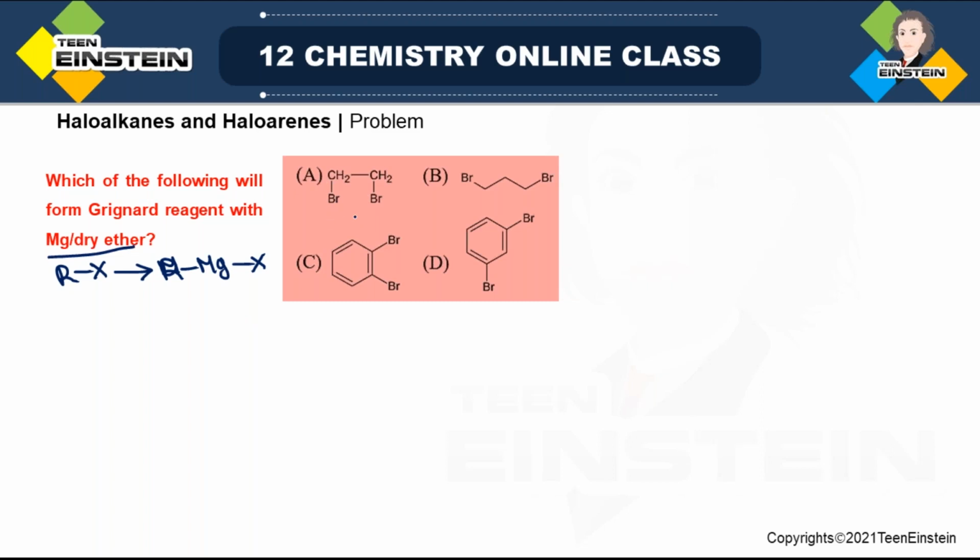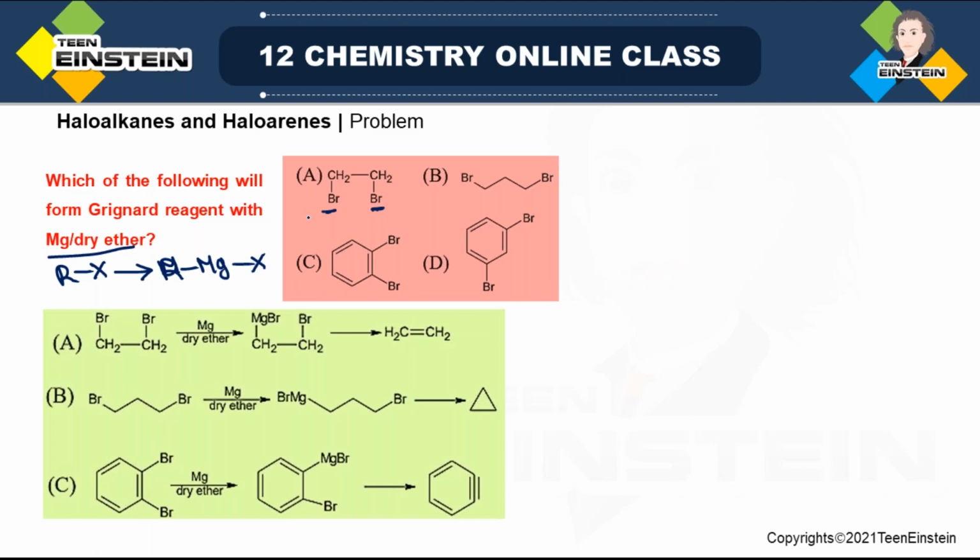So you may think that in both cases there will be formation of C-MgBr 2 times. But actually, if the reaction is occurring 2 times, you have to give some time. Suppose the first carbon-bromine is already converted to C-MgBr, but before the other one is also converted to C-MgBr, if in between some other reaction is occurring, obviously Grignard reagent formation is not possible. So what happens?